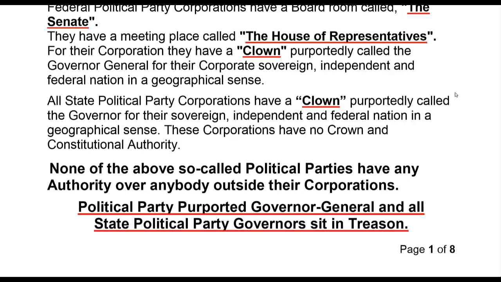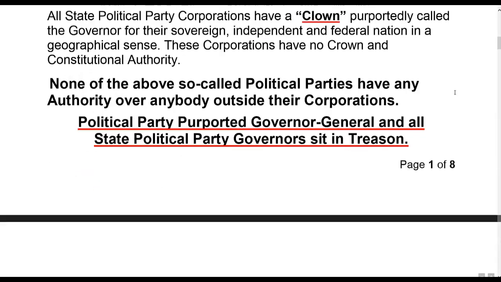So these corporations have no Crown and constitutional authority. None of the above so-called political parties have any authority over anybody outside their corporations. The political party purported Governor-General and all state political party governors sit in treason.